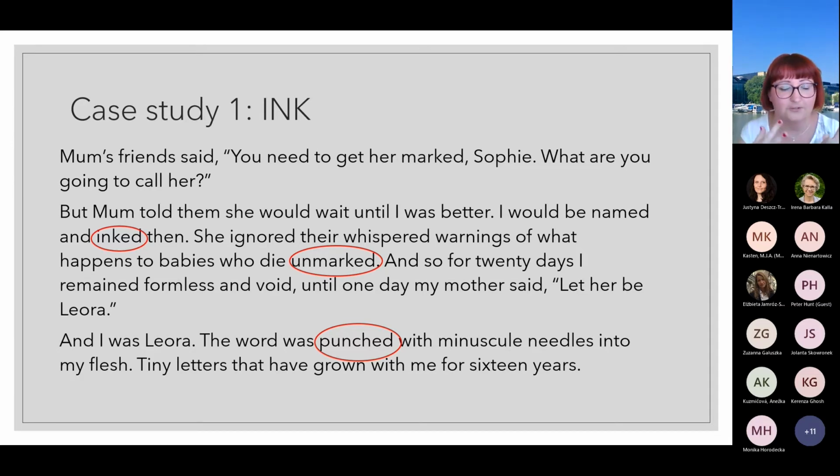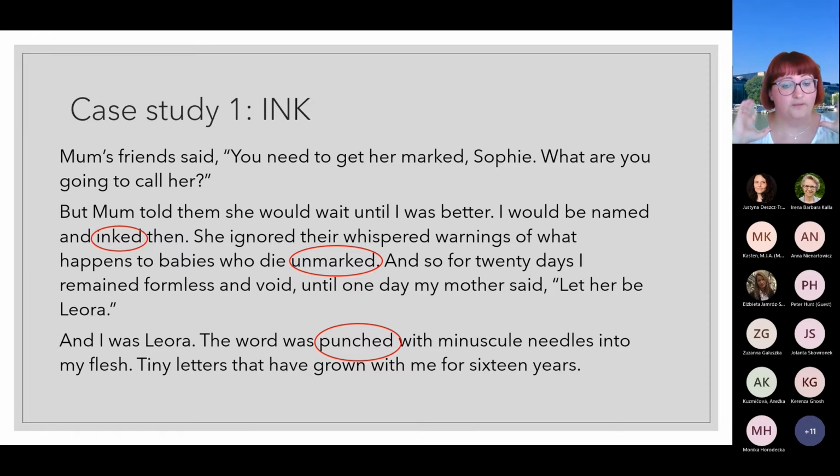And you think, a 20 days old baby, and you're talking about inking, which is very unusual, and is challenging this idea of what happens to babies. And the other thing you see there is the idea about what happens to babies when they die unmarked, and you have to have a ceremony. Now, I don't know about you, but if you come from maybe a Christian background, you might be thinking about a baptism or some kind of naming ceremony.